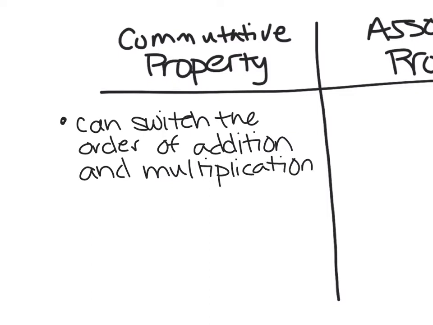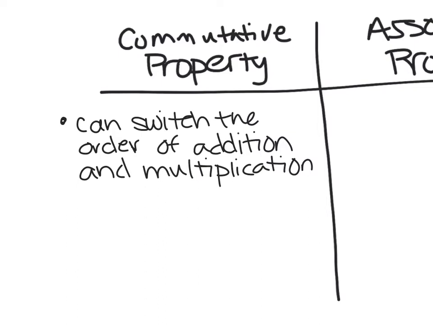You probably already know this, but maybe you just didn't know it was called the commutative property. The way that I remember this is I think of my commute to and from school. For me, it's about 27 miles that I commute every way. So whether I'm driving from my house to school, it's 27 miles, and whether I'm going from school to my house, it's 27 miles.